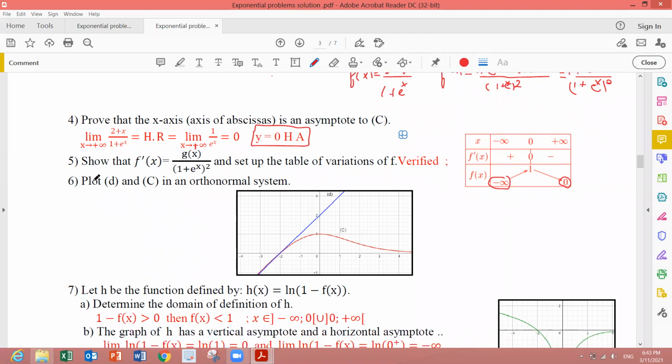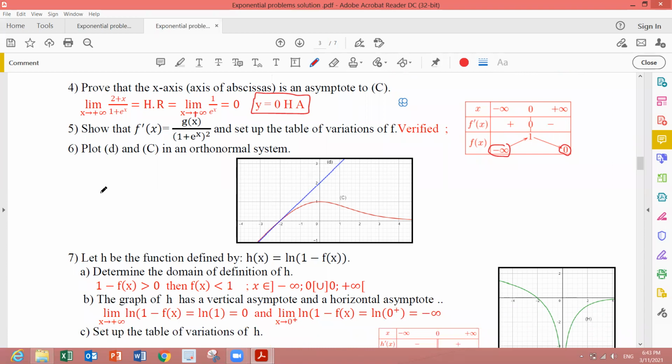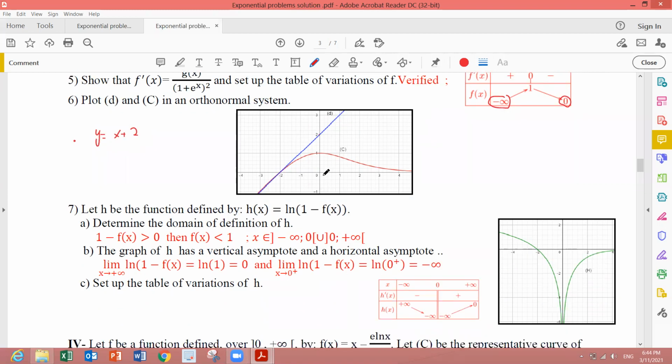Now plot D and C in the same orthonormal system. The line D of equation y equals x plus 2: for x equal to 0, y equals 2, and for x equal to minus 2, y equals 0. This is the oblique asymptote.